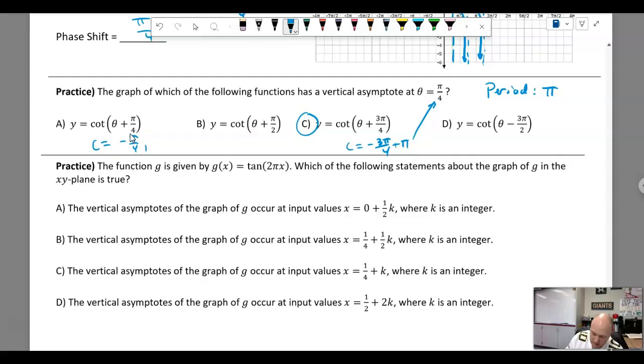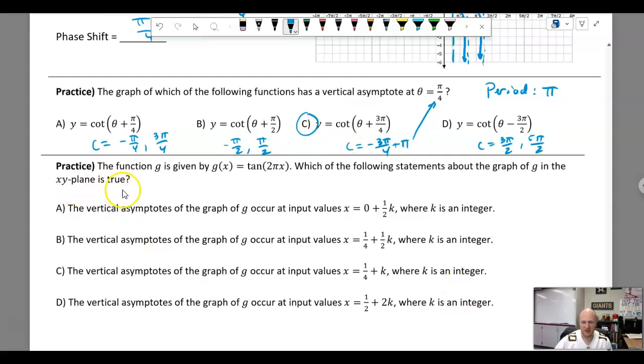My other one's going to be +3 pi fourths, right? You have a period of pi. For this one, here again, it's going to be -pi halves, +pi halves. That's not the way. And then right here, your first one is going to be 3 pi halves, and then right pi would be 5 pi halves. Okay, so answer C on that one.